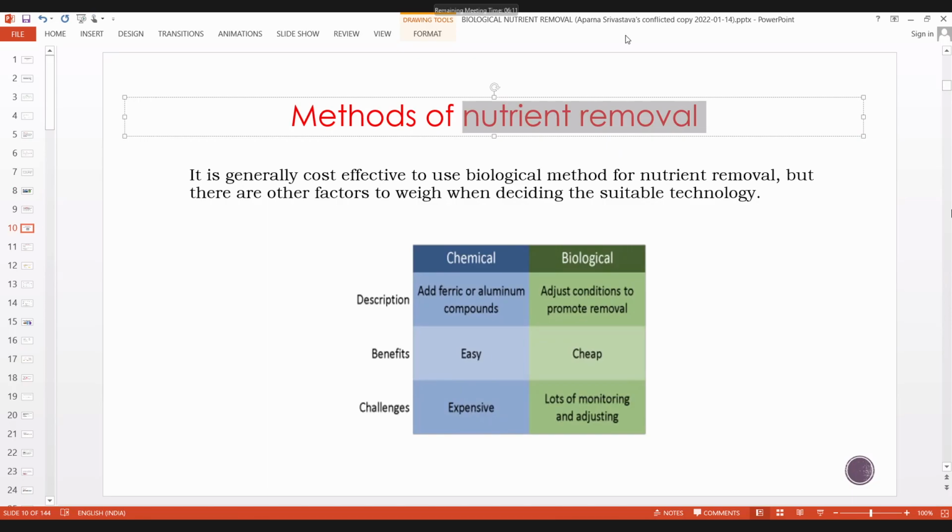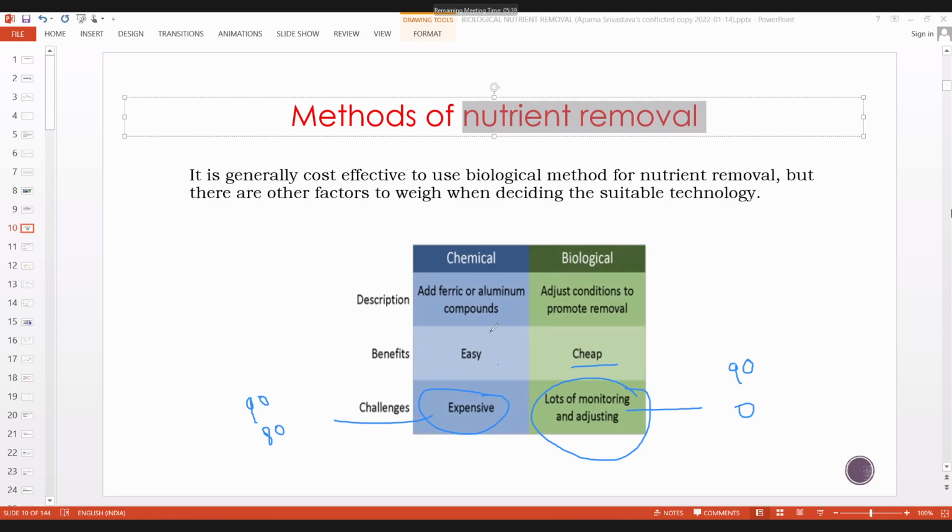Biological method is cheap, but lots of monitoring and adjustment is required. If your monitoring is a little wrong, then the removal efficiency, instead of 90%, may reduce to 80%. But if your adjustment goes something wrong, then your removal efficiency is going to really decrease from 90 to maybe 0% is possible.